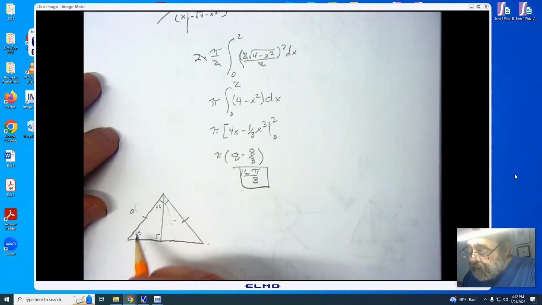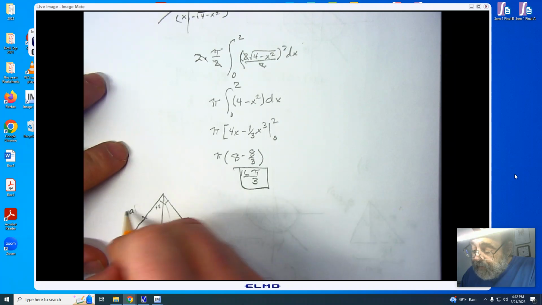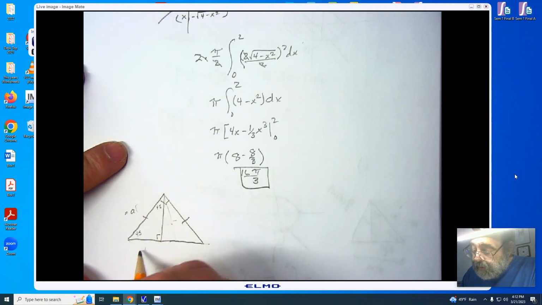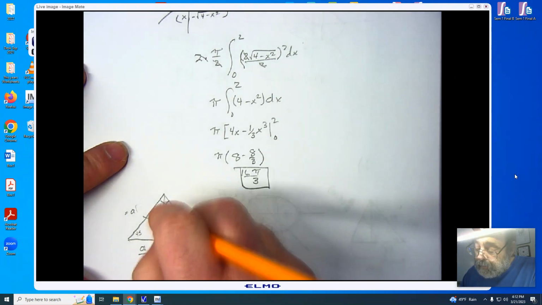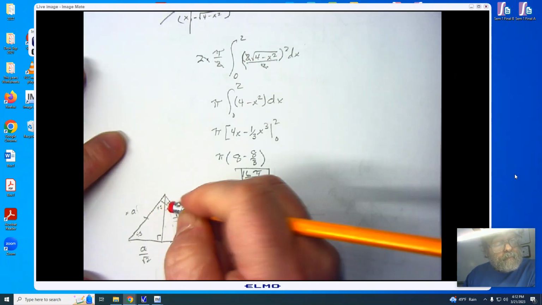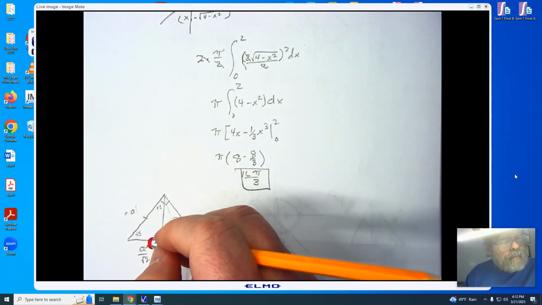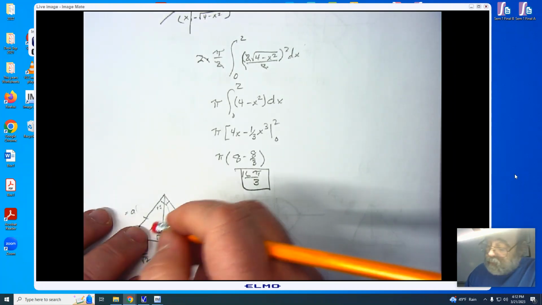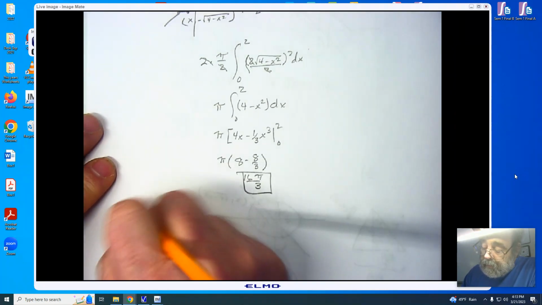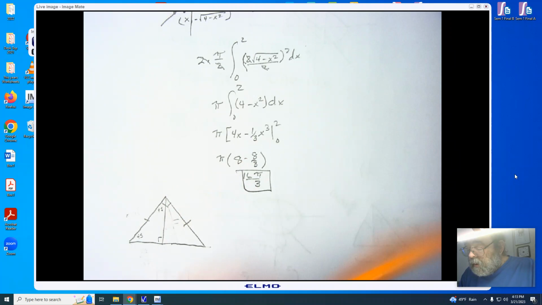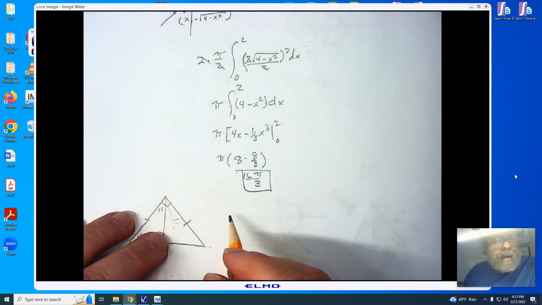let's just think about this. So if that's A and it's A root 2, this has to be A over root 2, A over root 2. Let's call it A root 2. All right, let's stop and think about this for a minute.